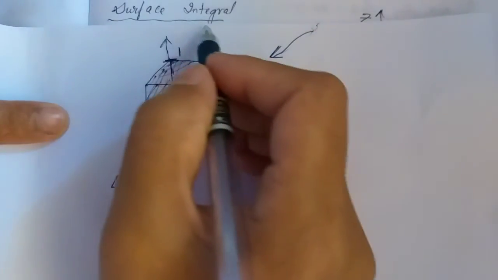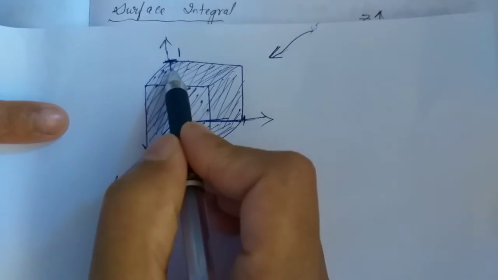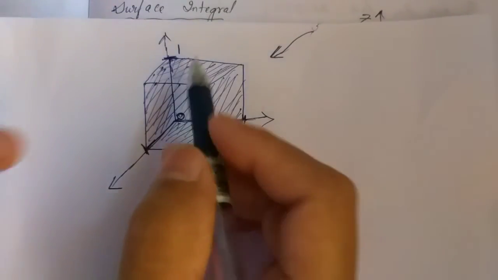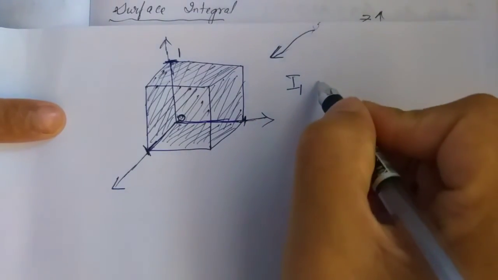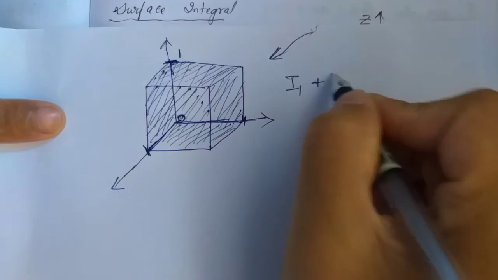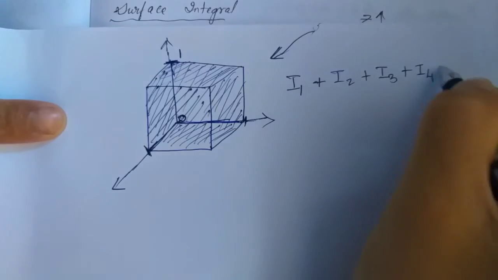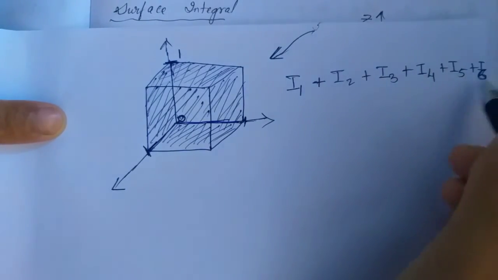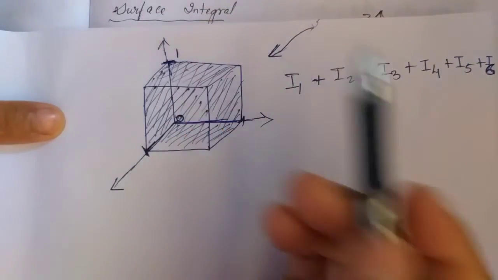We have to find the integration over each surface separately. It means that we have 6 integrals, I1, I2, I3, I4, I5, and I6. Since we have 6 surfaces, we have to add them together to get the surface integral.